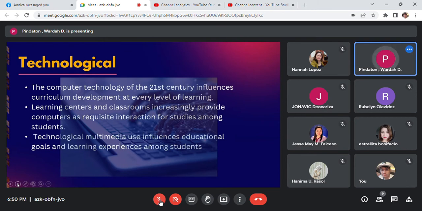The computer technology of the 21st century influences curriculum development at every level of learning. Learning centers and classrooms increasingly provide computers as requisite interaction for studies among students. Technological multimedia use influences educational goals and learning experiences among students.